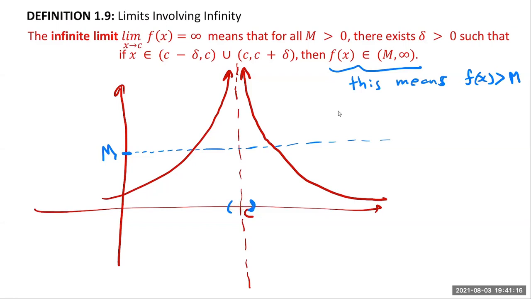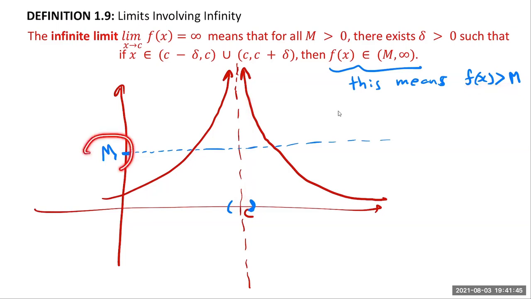Now, if you take any x point in that delta punctured neighborhood, your y value is going to be this one. This is bigger than m. Your f of x is bigger than m. That's what you want, right? No matter what x value you pick from this delta punctured interval, your y value is going to be bigger than m. That's exactly what you want.